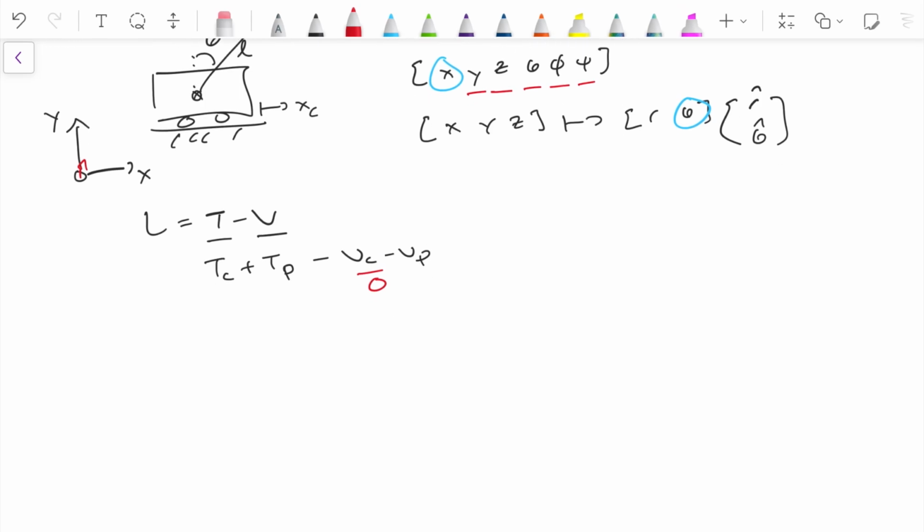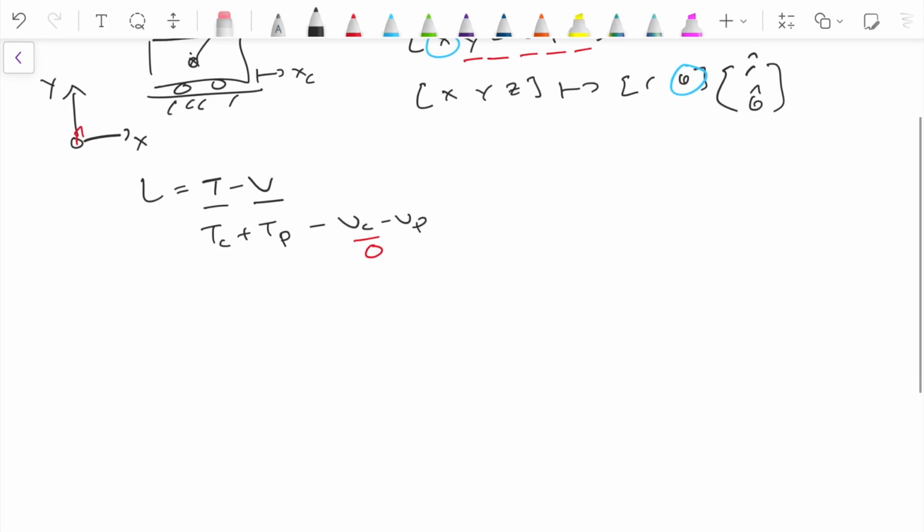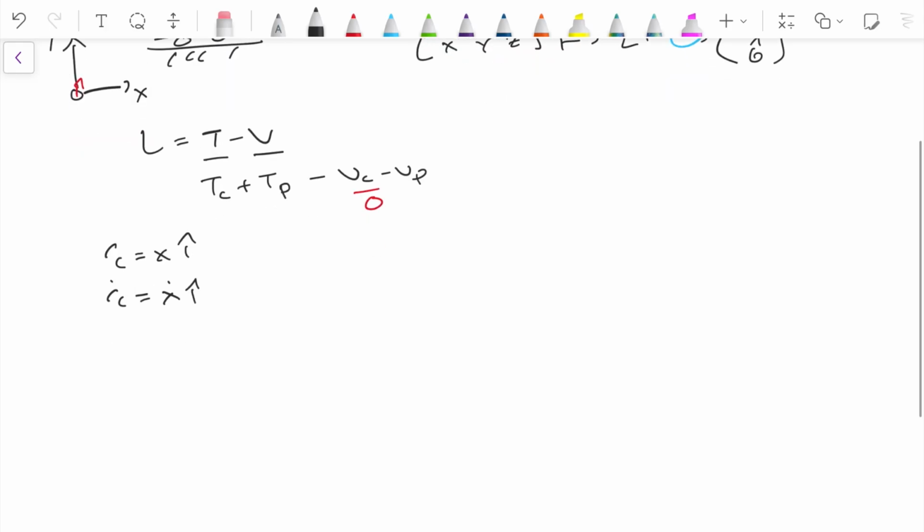To start, though, let's dive into the kinetic energy of the cart. That's the most simple. So for the kinetic energy of the cart, I'm going to start with describing the position of the cart is x projected along I hat, and then r dot c is just going to be x dot, and I hat doesn't change.